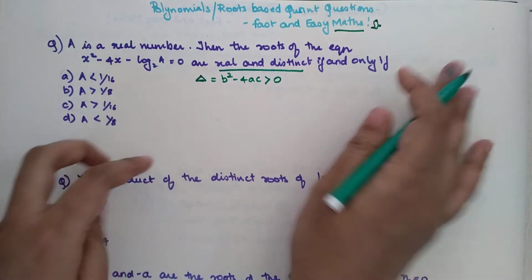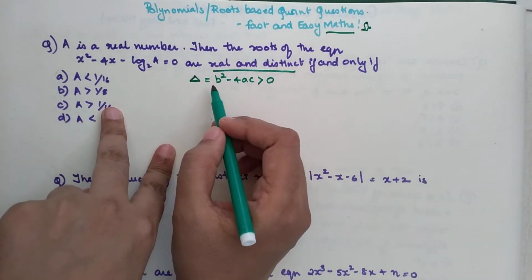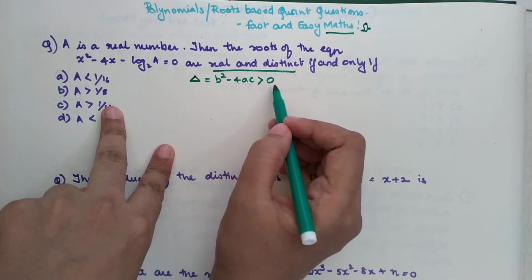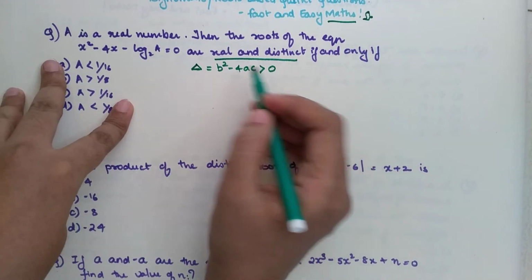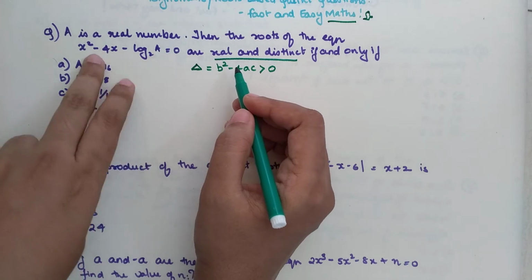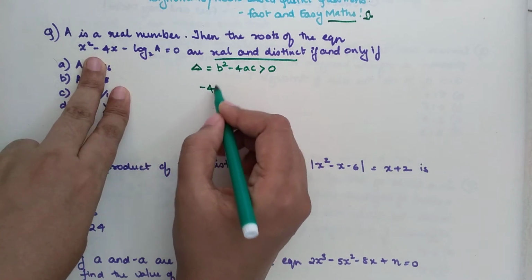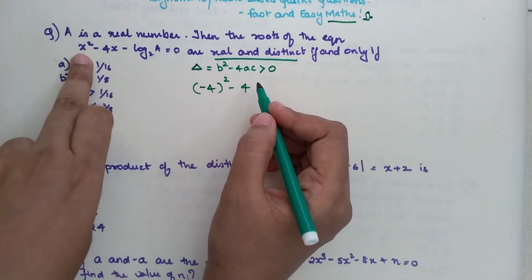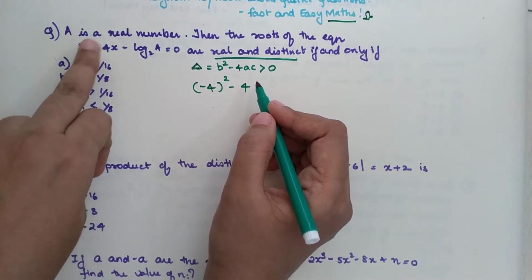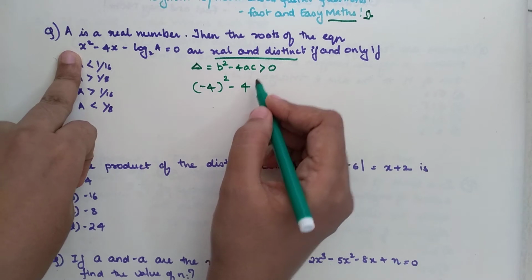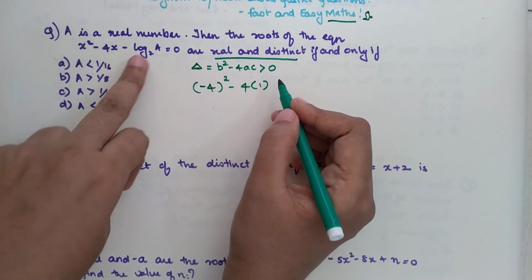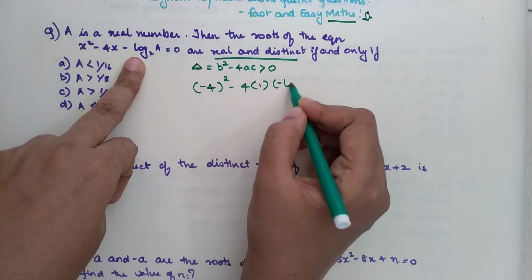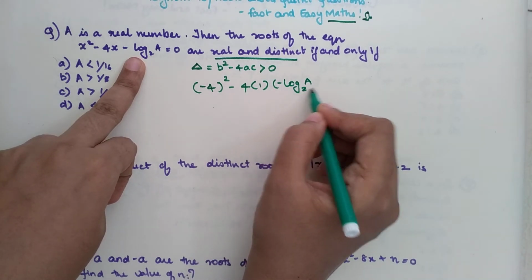Now here, as we saw, the discriminant, which is b square minus 4ac, should be greater than 0. So what is my b in this particular equation? Minus 4 is my b. So minus 4 the whole square minus 4 into a, the coefficient of x square, which is 1, and c, which is the constant, is log of a to the base 2.